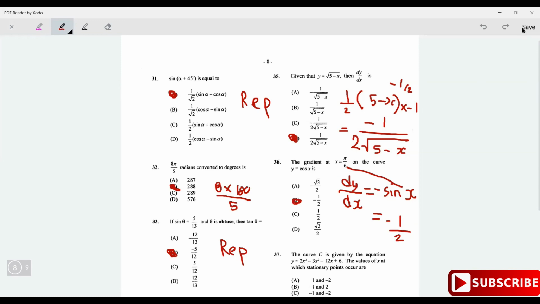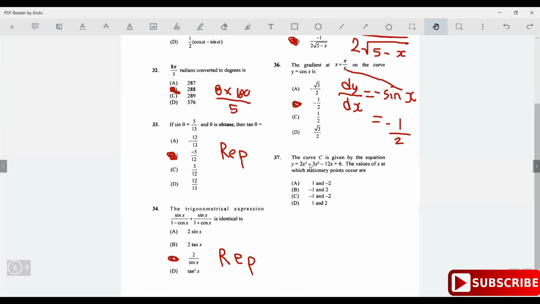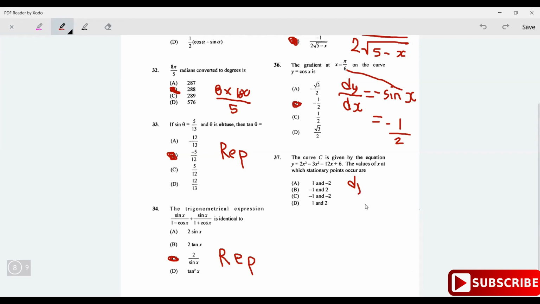All right. Question 37. It says the curve C is given by y equal 2x cubed minus 3x squared minus 12x plus 6. What are the stationary points? Stationary points occur when dy by dx equals 0.